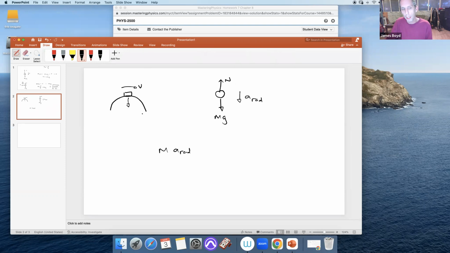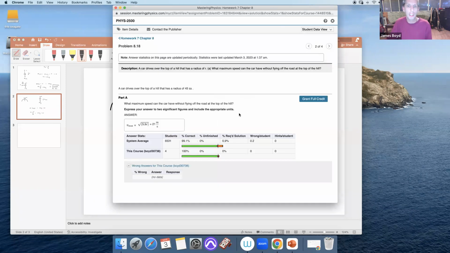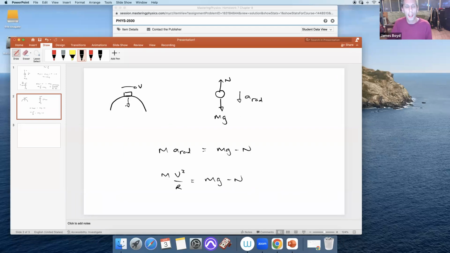The radial or centripetal acceleration is going to pull it toward the circle. So this would be mg minus N. Okay. Now, we assume that mv squared over r is mg minus N. However, now we need to think about something. As the car goes over the hill, right before it leaves the hill, N is going to go to 0.